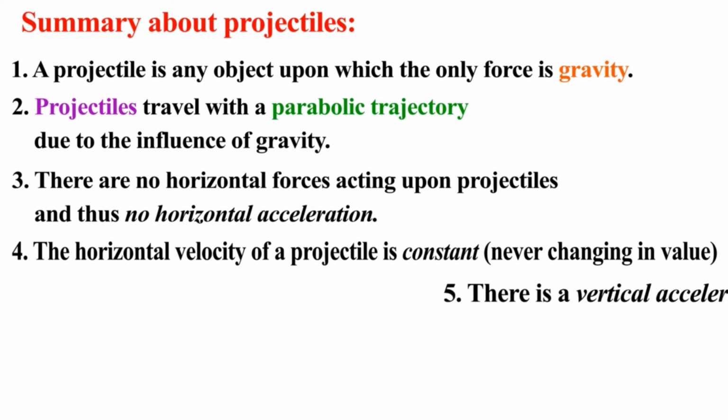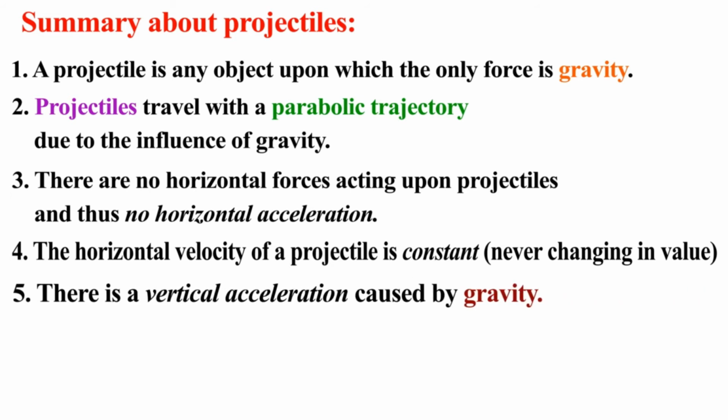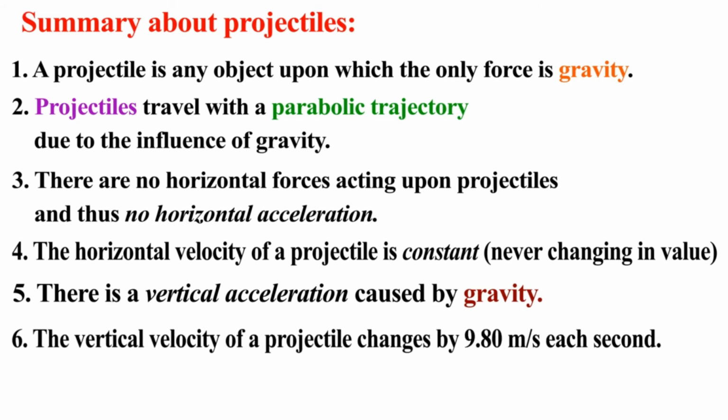There is a vertical acceleration caused by gravity, and the vertical velocity of a projectile changes by 9.8 meters per second each second. So it means that if the vertical velocity starts with 9.80 meters per second, on the second part it moves straight away to 19.60 meters per second.